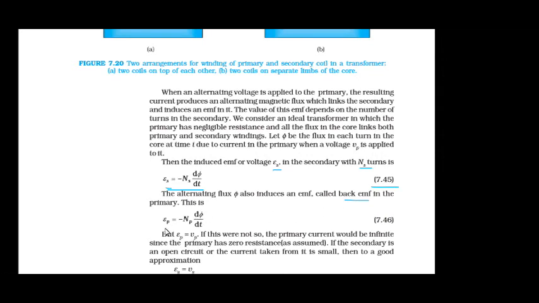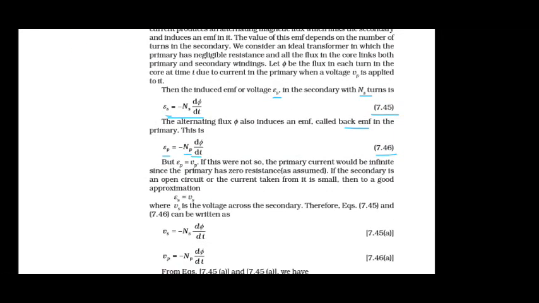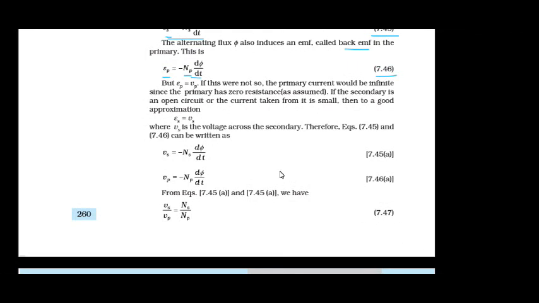This is E_P equals minus N_P d phi by dt. This is equation 7.46. But E_P is equal to V_P. If this were not so, the primary current would be infinite, since the primary has zero resistance as assumed.